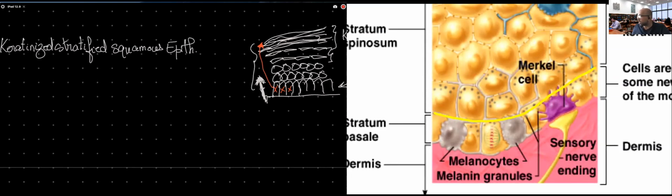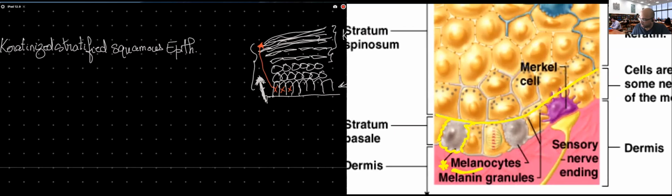Important cells that you can see in the stratum basalis include the melanocytes, and the melanocytes are the cells that are responsible for producing a pigment called melanin. The melanin itself is not located in the stratum basalis. It's going to be located in the next layer.